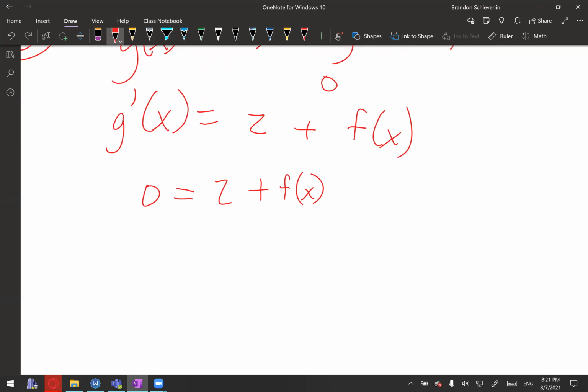Not 2, -2. There we go. So when the y value is -2, g prime is 0.